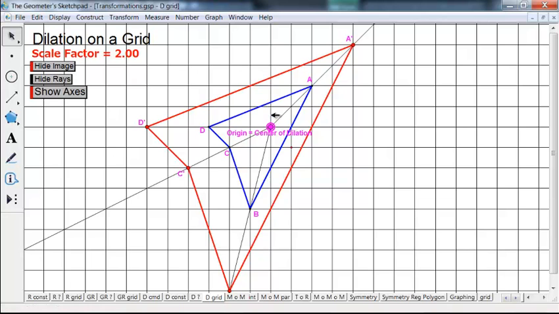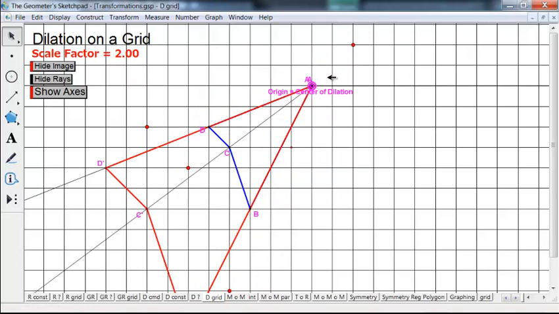Now let's leave the scale factor 2. Look what happens if I put the center on a vertex here. Okay, that point's going to be fixed. It's the center I want to move.